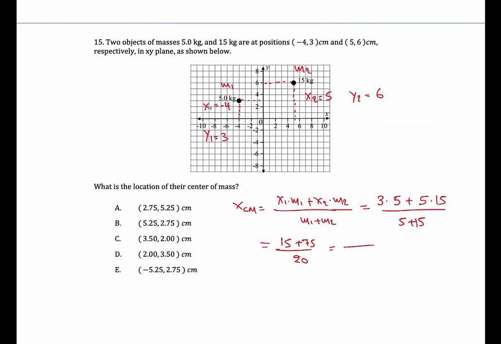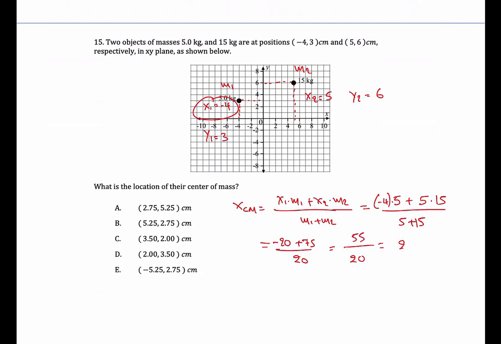Actually, I made a mistake, sorry for that. The x1 is not 3 as I said, the x1 is -4, so -4 times 5, this is -20 plus 75, so it is 55 over 20.